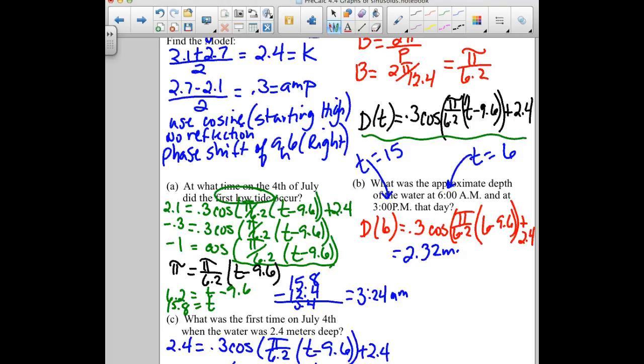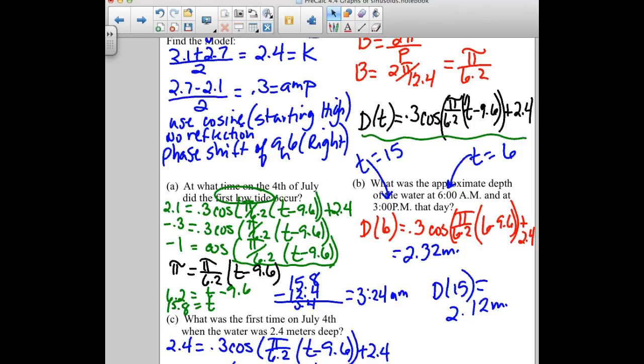Change the 6 to a 1, and then how do you insert that 5? Second, your delete key is an insert. So you can do second delete, put a 5 in there, and then hit enter, and it'll calculate it for you. What do we get for D of 15? 2.12 meters.